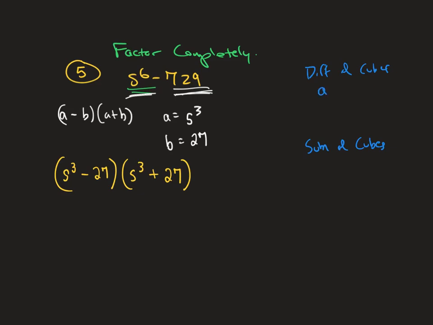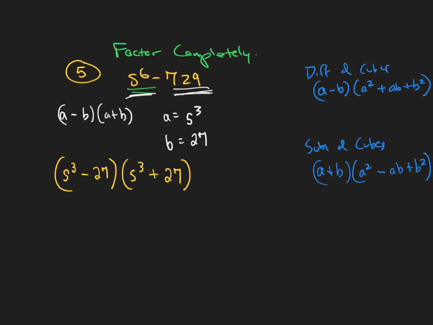For difference of cubes, it's a minus b, and then we go a squared plus ab plus b squared. And you might write these on a separate sheet of paper just so you have them to reference. And be careful when you're doing difference and sum, because the formulas are almost exactly the same, but sum of cubes starts with a plus, and then it goes a squared minus ab plus b squared.